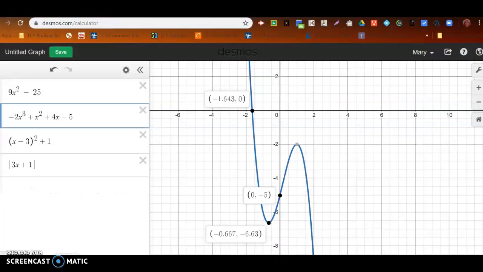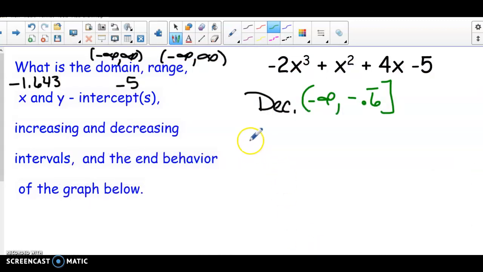Then it rises from there until it gets here to positive 1. So for increasing, it's going to start at negative 0.6, and it's going to go until it gets to positive 1.